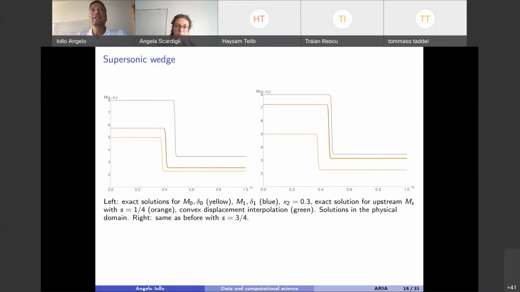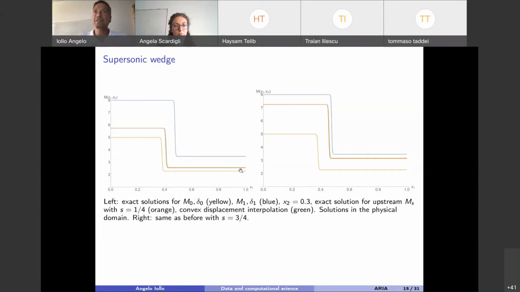So let's see in terms of solution what happens. This is a cut at a given height of the solution. You have the x coordinate on the abscissa and the Mach number on the ordinates, and you have the solution at Mach 8 in blue, the solution at Mach 5 in yellow, and then you have the interpolated solution and the exact solution.